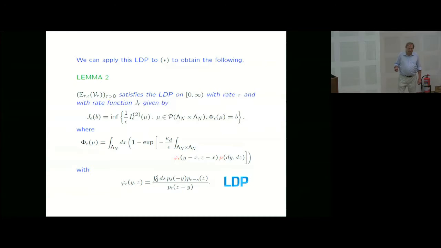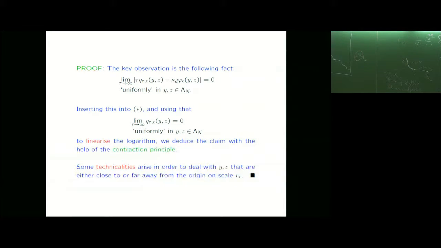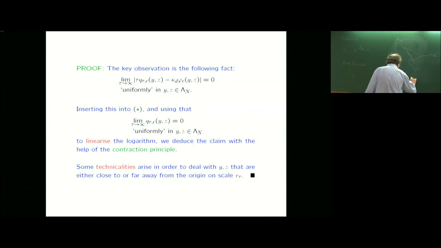So we're going to try and argue why this is true. And the key observation is that this probability to hit this ball, which was the key object that appeared in my representation with the empirical measure, is going to be essentially 1 over tau, it's small, essentially going to be 1 over tau kappa d times this Brownian bridge object.